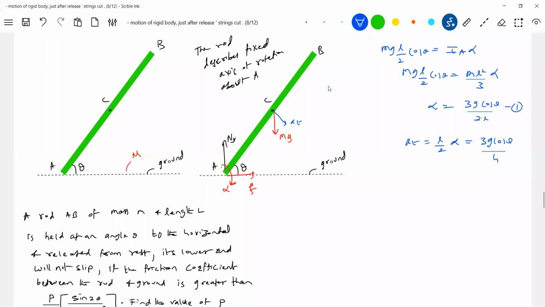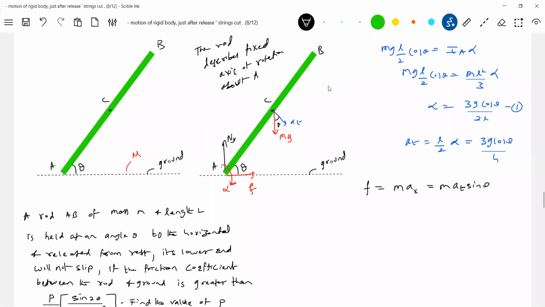So along the x-axis, the friction force is acting, no? Along the x-axis the frictional force will act. So this angle will be theta. Therefore we write F equals max. Any other equations?